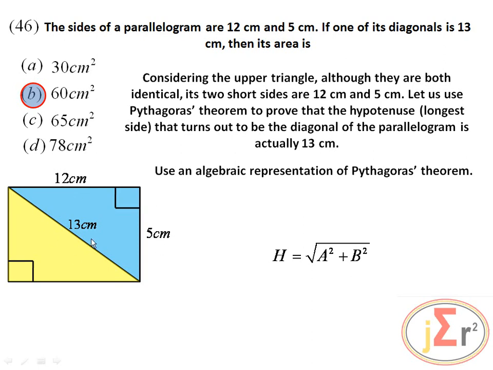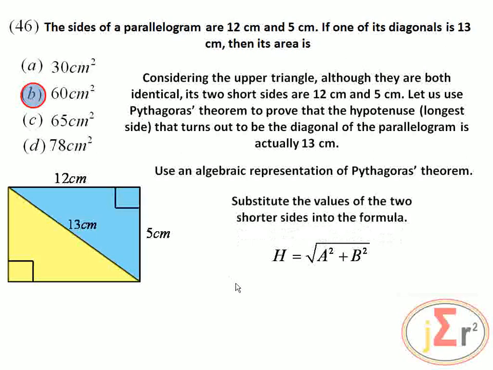Of course, this one is the hypotenuse. We will substitute the values of the two shorter sides into the formula. We have a squared plus b squared. We will end up with 5 squared plus 12 squared. We may say 12 squared plus 5 squared, it does not matter.